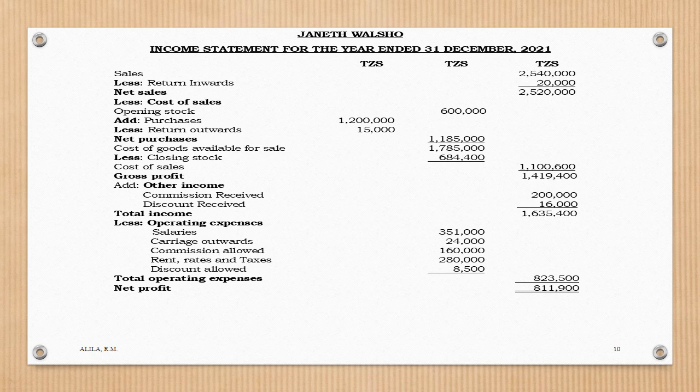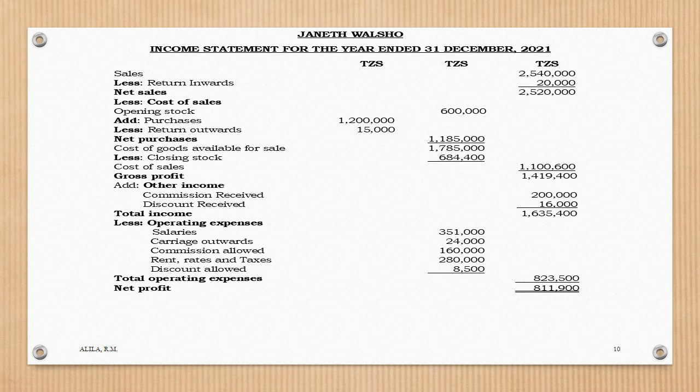For instance, opening stock, add purchases, less return inward, so we get a net purchase, and with net purchase, if we add opening stock, we get goods available for sale. And from goods available for sale, we less closing stock, so that we get the cost of goods sold.